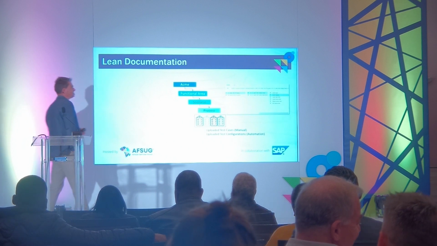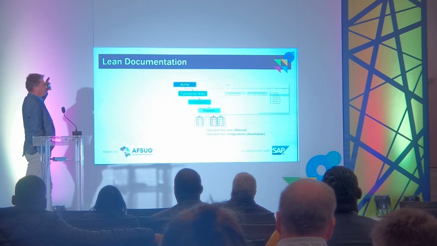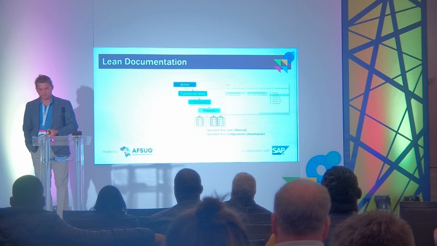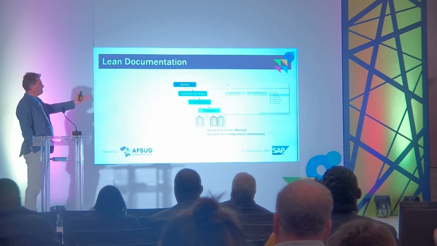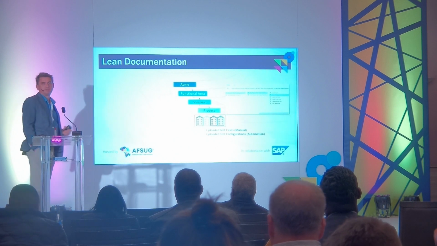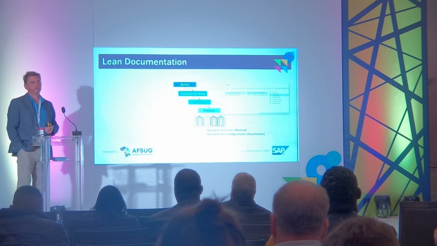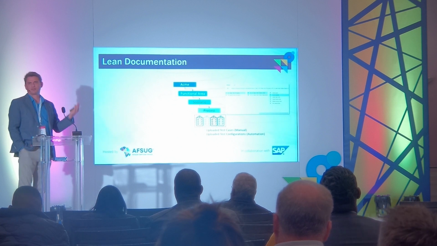I think most of you might have seen the solution documentation screen on the right. We know that inside Solution Manager, we break down processes into a hierarchical structure. And at the lowest level, at a process step level, this is where we store the manual test cases, or we upload the test configurations. For those who aren't familiar, the manual test cases would be a Word document or an Excel spreadsheet.